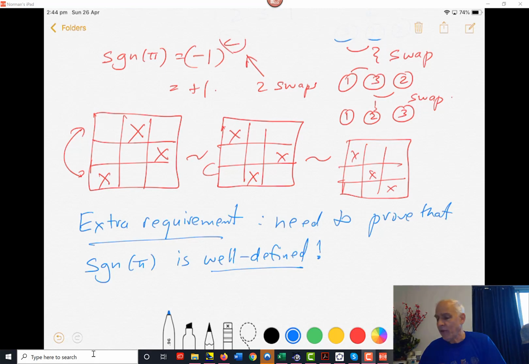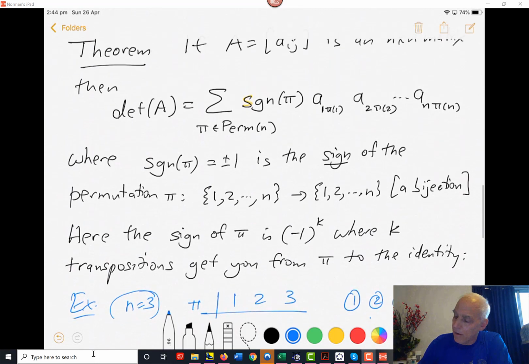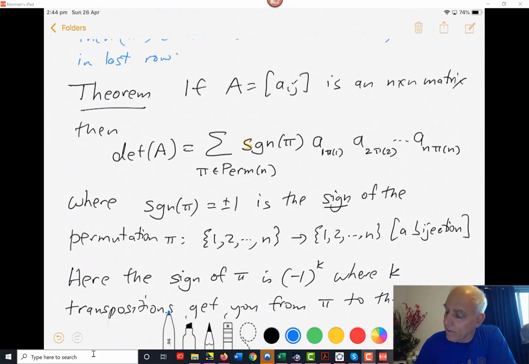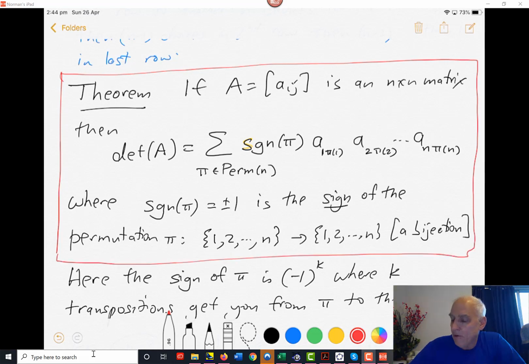Okay, so having said all that, let's come back to our theorem. Still, this is a very nice fact that you can appreciate, and I think you can perhaps see why, at least at some level, this is reasonable.